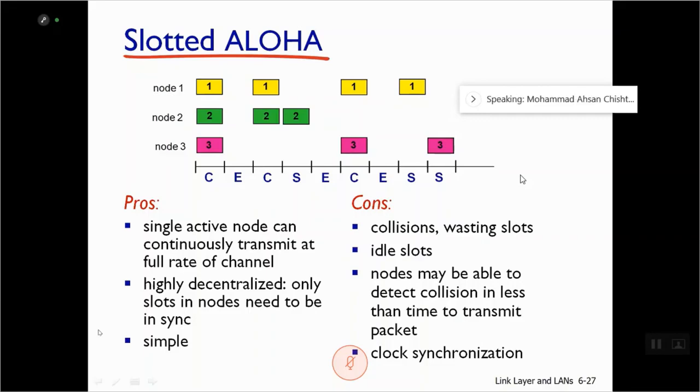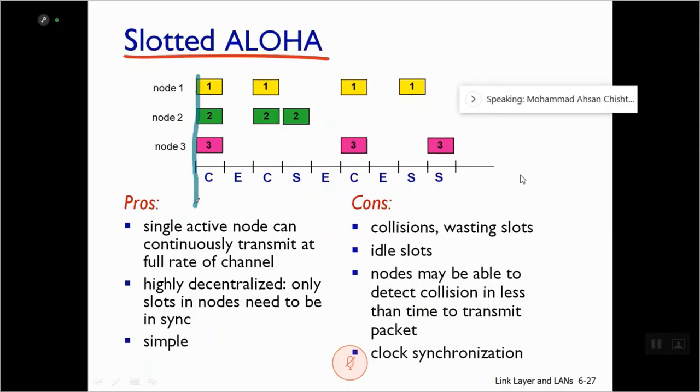Each of the frames starts at the beginning of the time slot. Now 3 nodes, node 1, 2 and 3, start to transmit at the same time, that is this one. What happens here? Collision happens.